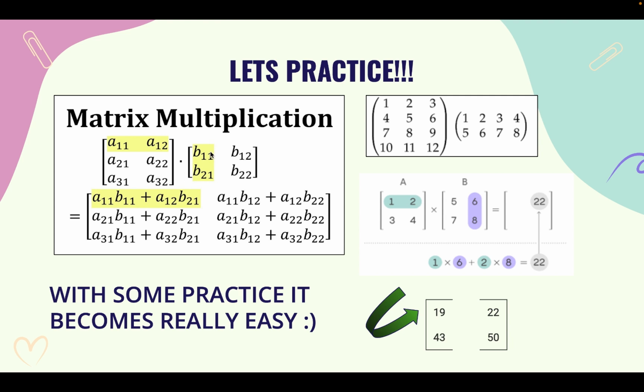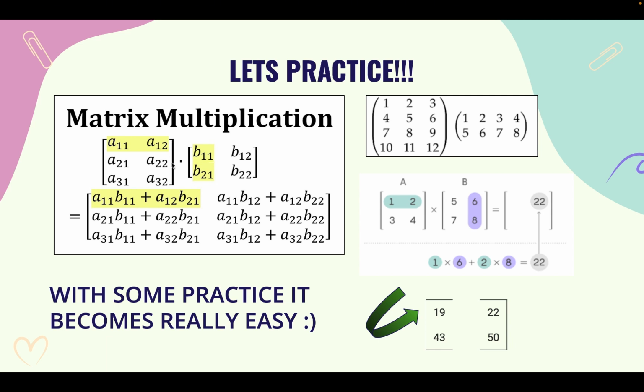And now how would that work? If you're trying to find the first element, you would do B11 times A11 plus B21 times A12. For your next element here, you would do B11 times A21 plus B21 times A22.